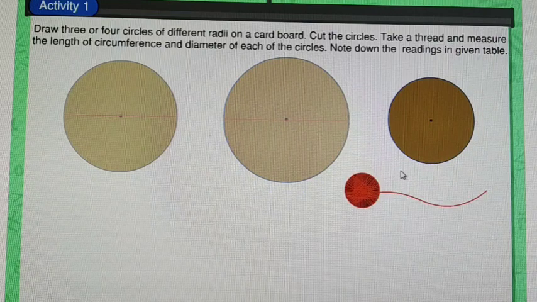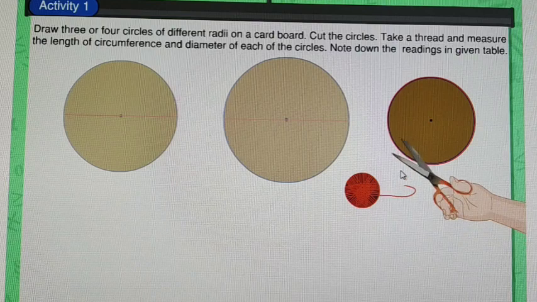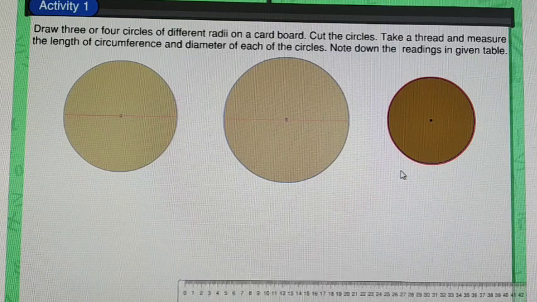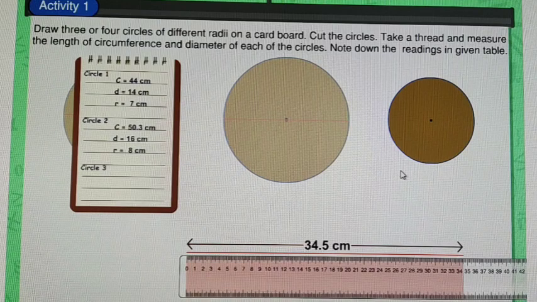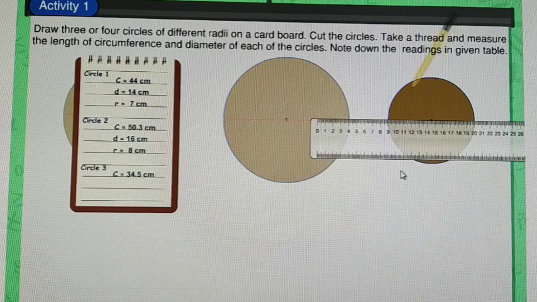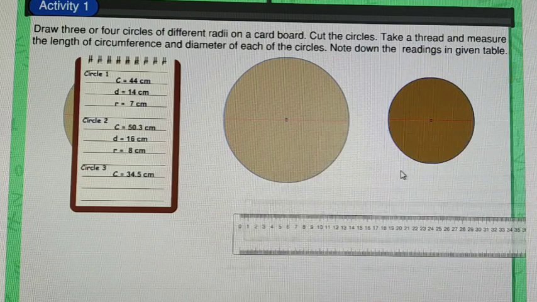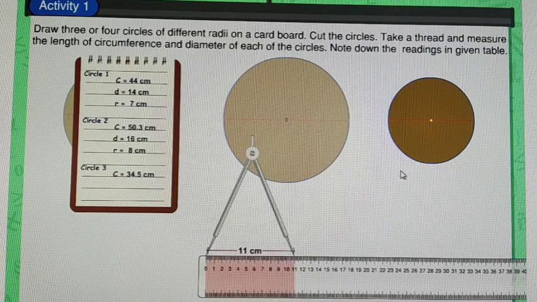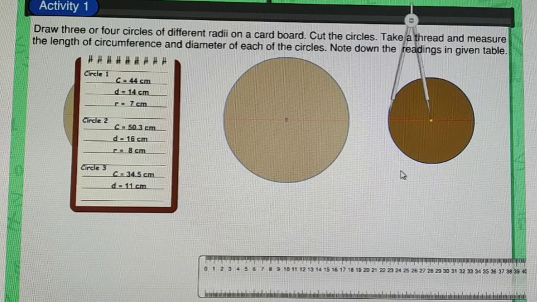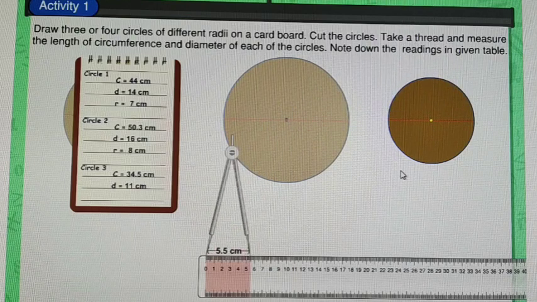Now let's measure third circle. The circumference of a third circle is 34.5 centimeter. The diameter of a circle is 11 centimeter and radius is 5.5 centimeter.